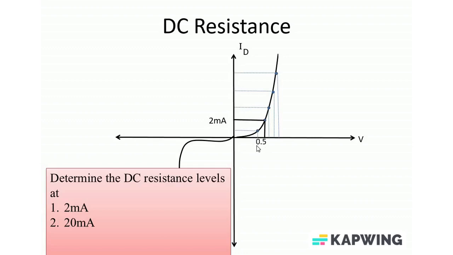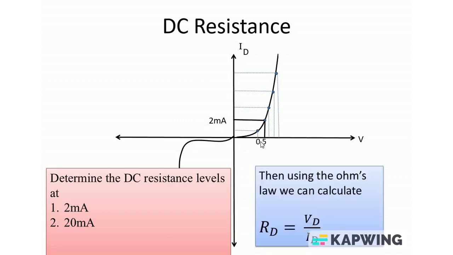We know the fixed value of DC voltage and the current, both values are fixed. Using Ohm's law, using this formula, we can calculate the resistance at this particular operating point. RD is equal to V over I, where D denotes DC resistance, everything in capital. Putting the values in the basic Ohm's law equation, we can calculate that 250 ohms is the DC resistance at this point on the graph.